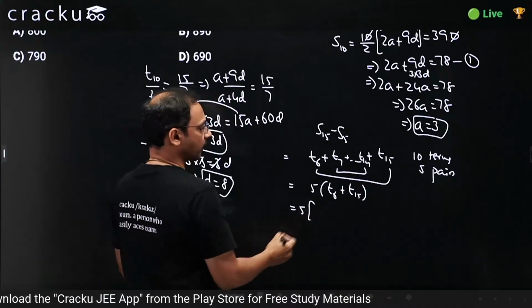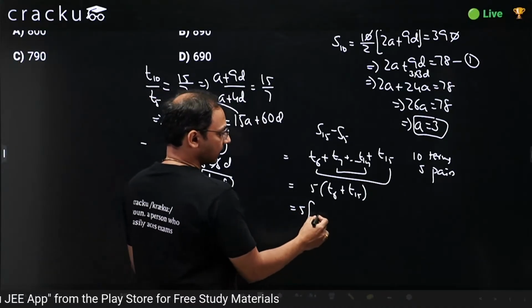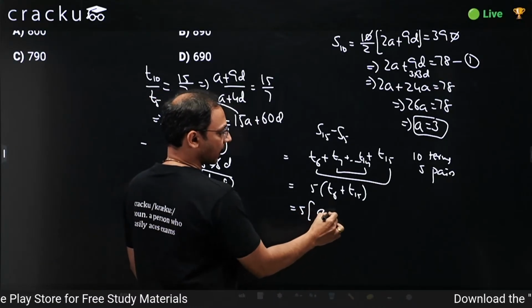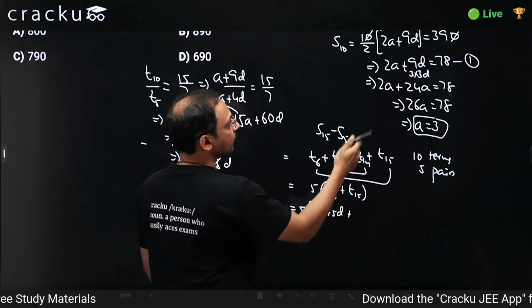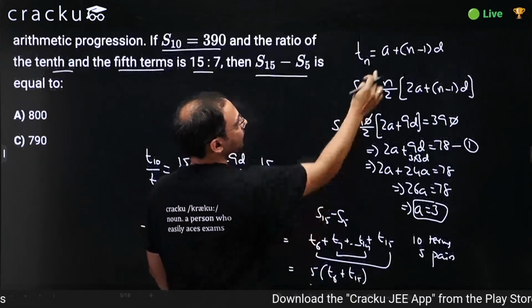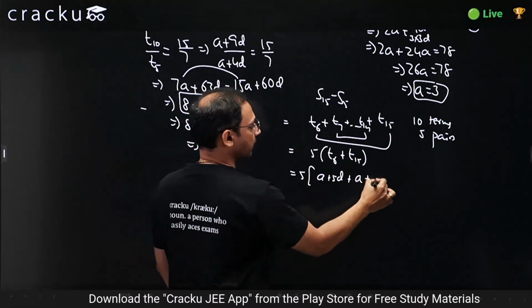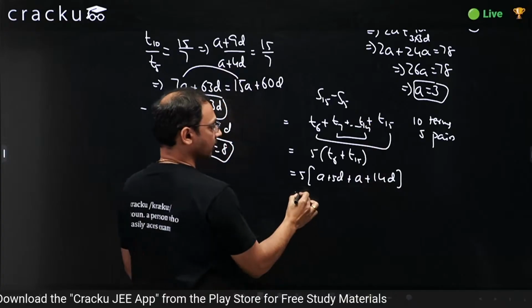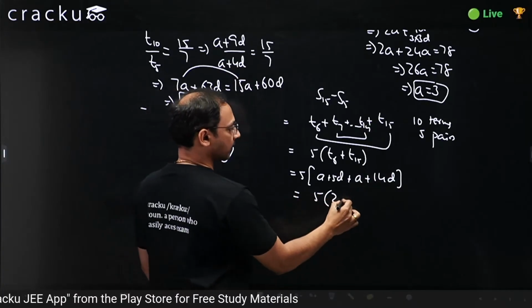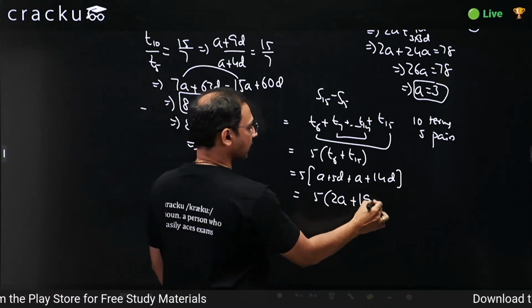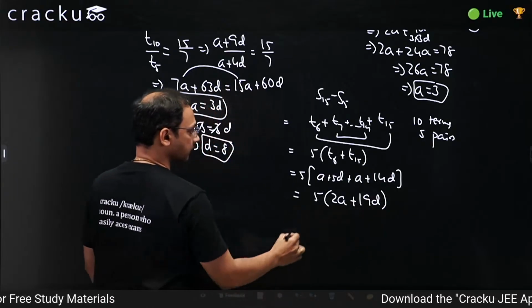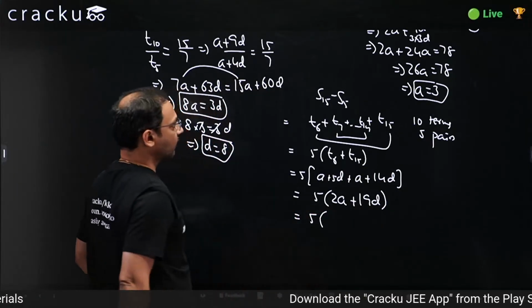So now if I use my formulas, T6 will be a plus 5d, if I use the general term formula. And similarly, T15 will be a plus 14d. If I simplify, I get 5 times 2a plus 19d. So let's put the values.